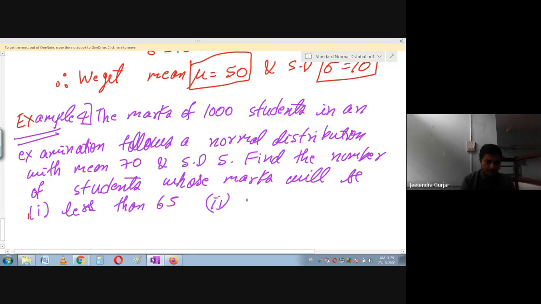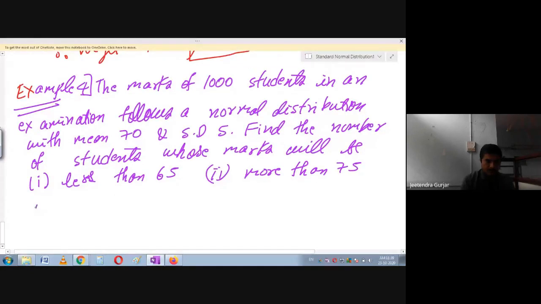Second they have told you more than 75. I want all the students to get more than 75 only. Will you get more than 75? And third one they have told between 65 and 75. So this is our question. They have told you to calculate now.